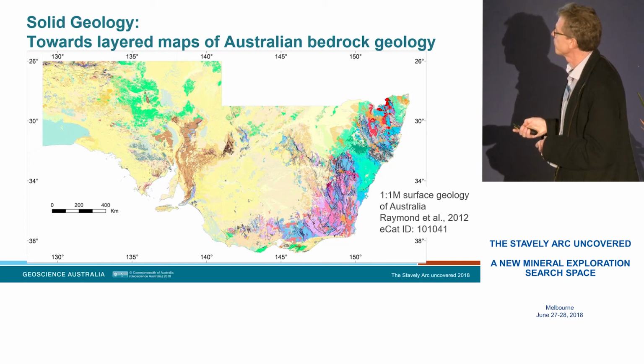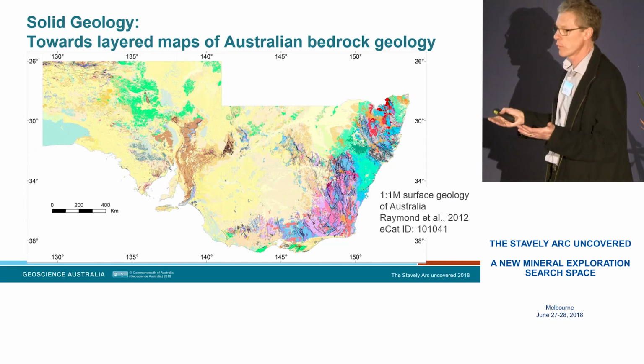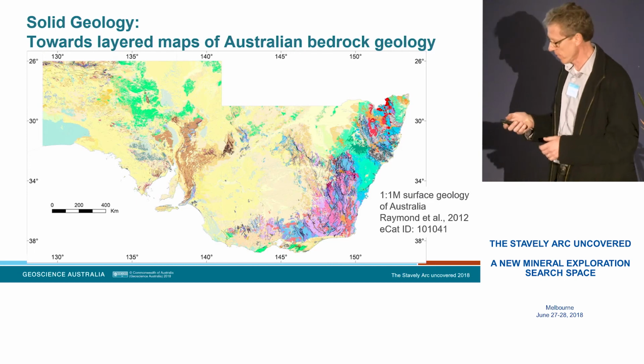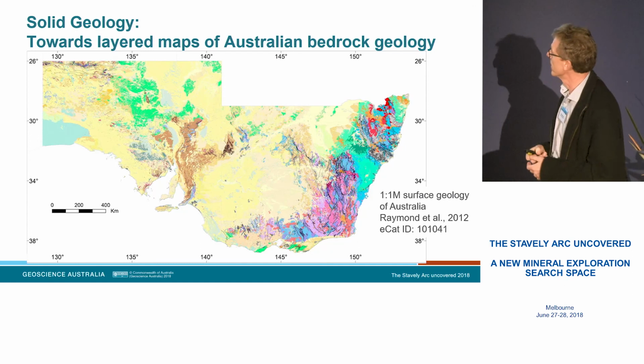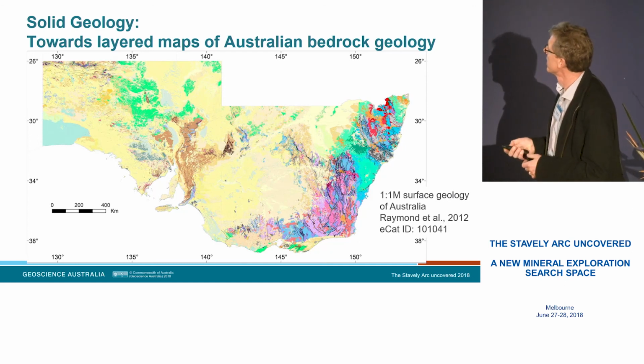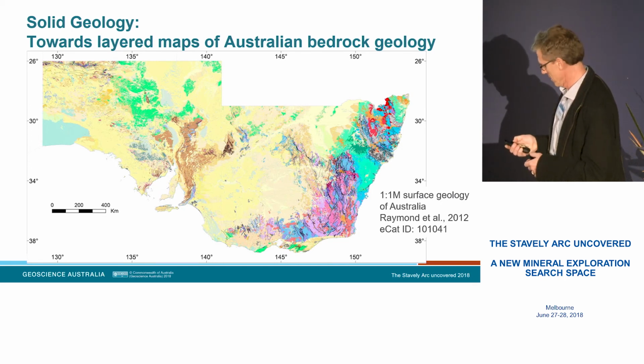Okay, so you now know what your cover thickness is. You want to know what's underneath your cover. And so in GA, we're doing this process of generating solid geology maps. So this isn't a solid geology, this is your surface geology, basically showing all these yellow polygons here as your Cenozoic cover.